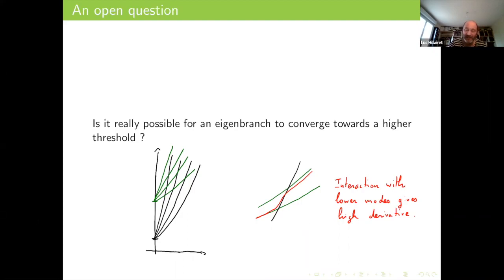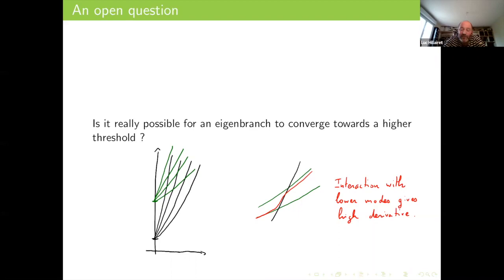Imagine a red curve, which is supposed to be an eigenvalue of Qt, the quadratic form that you want to study, so it has to be very close to an eigenbranch at any time. First it is close to the green eigenbranch.